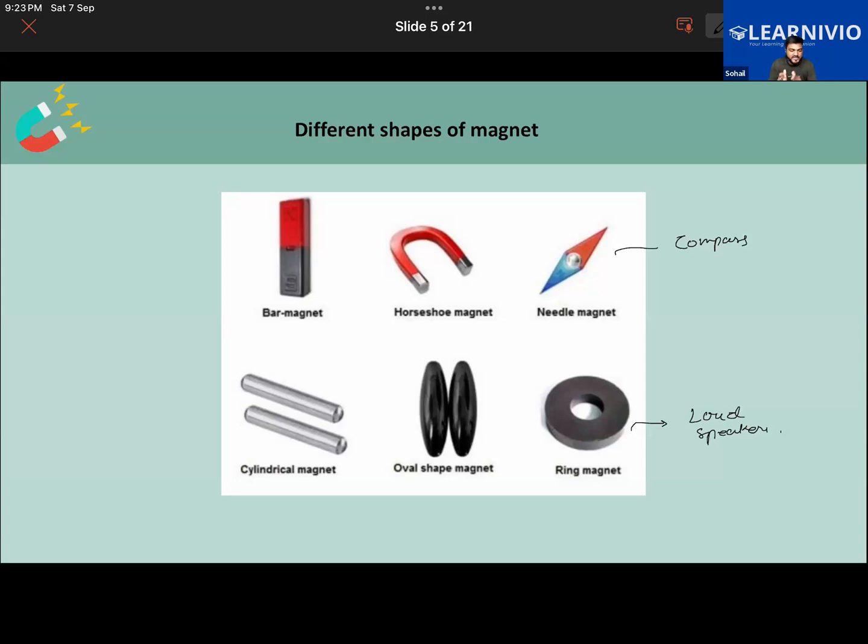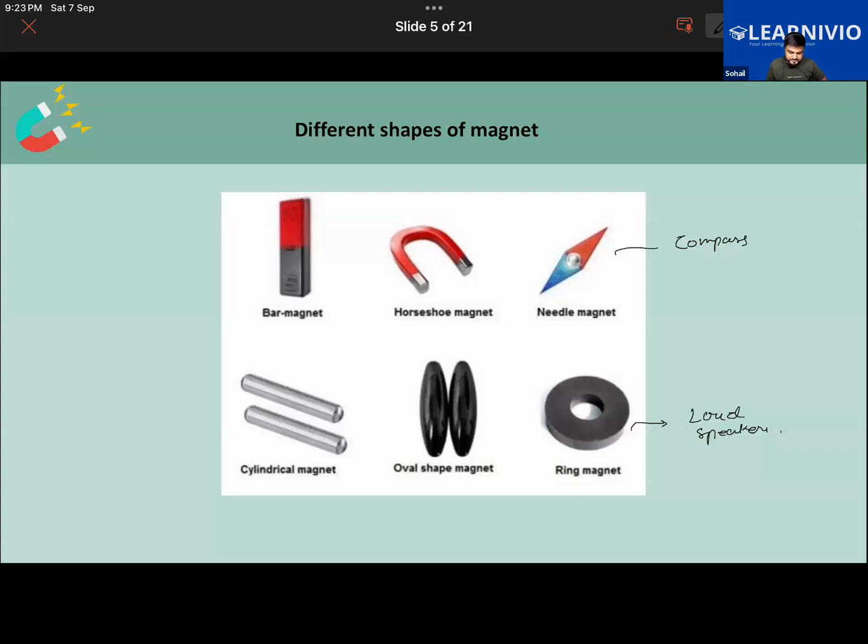Let's say this is a circular magnet. One side is the north pole, another side is the south pole. Okay? So that is the location of the poles of this circular magnet. Okay, hope you guys have understood this thing.